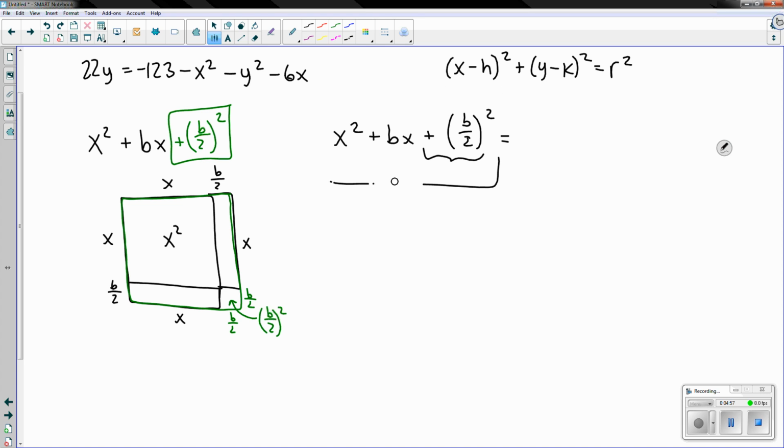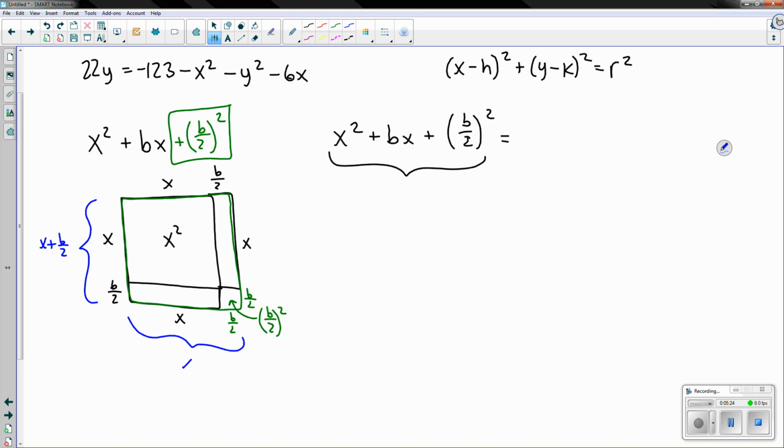But let's go back to our geometric picture here. We know one way to represent the entire area of that green square is this. Is there an equivalent way to represent the area of that square? Well, we know the area of a square is just the side length squared. So the side length of our new square is x plus b over 2.